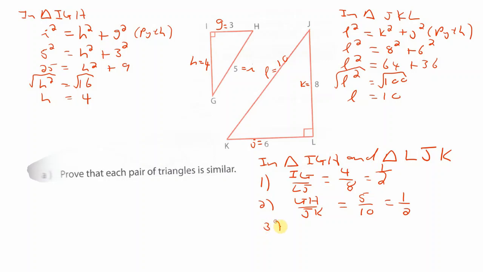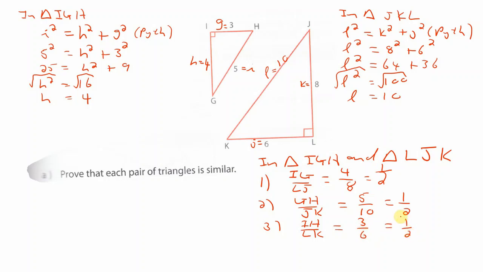And then thirdly, we have IH as a ratio to LK. IH is 3, LK is 6.